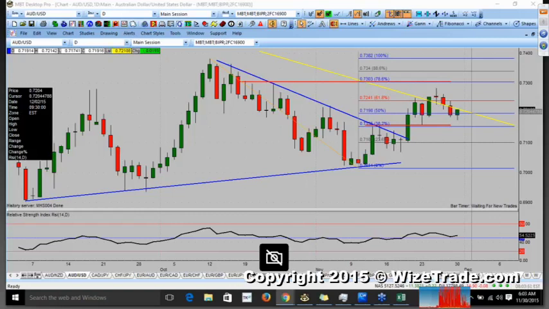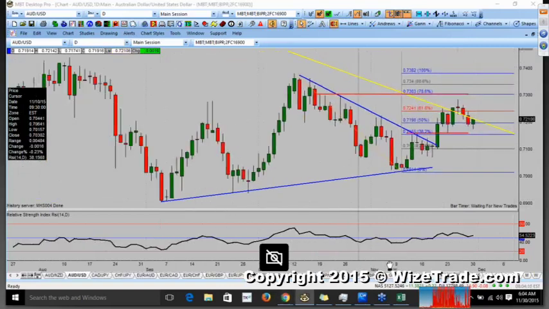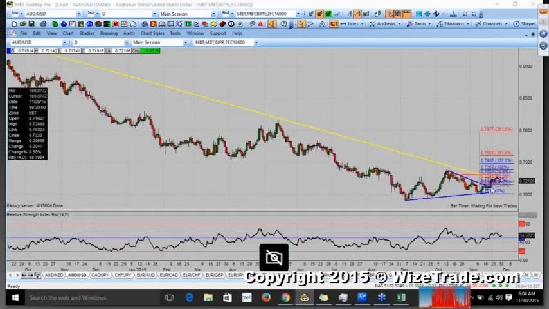Yeah, there were private CapEx numbers that came out much weaker than expected, and that's what pushed the Aussie lower. Then the Aussie took a couple of days to regain its composure. The problem with that CapEx number is it made us fail on what could have been a really big upside breakout.